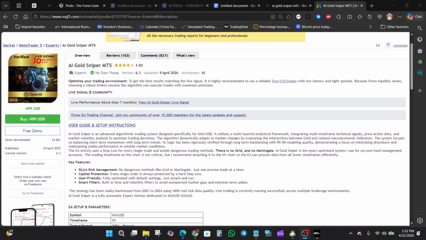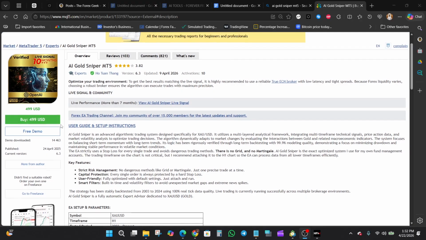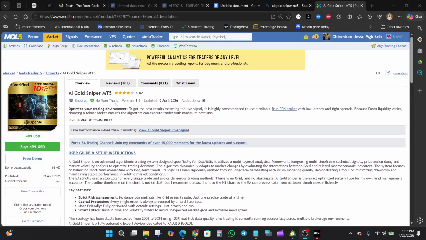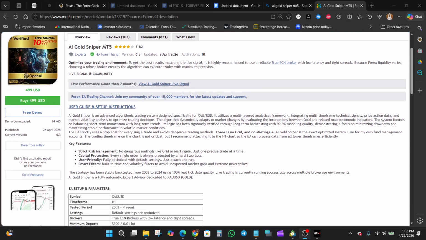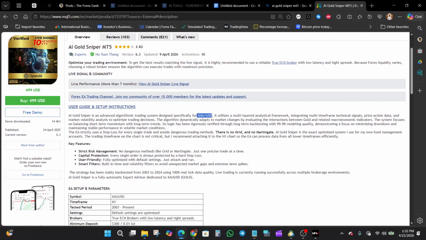Here we are on the MQL5 marketplace, and this is AI Gold Sniper MT5, currently priced at 499 US dollars, developed by Ho Tuan Fang. And from the description, this EA is designed specifically for trading XAUUSD, which is gold.